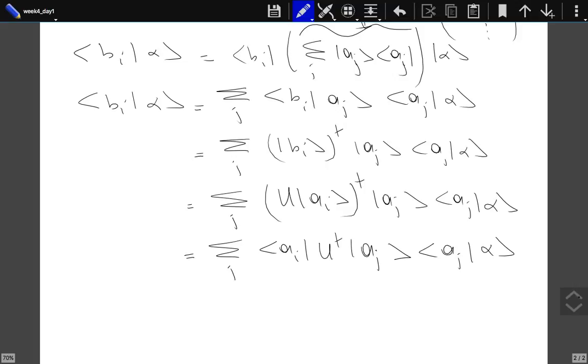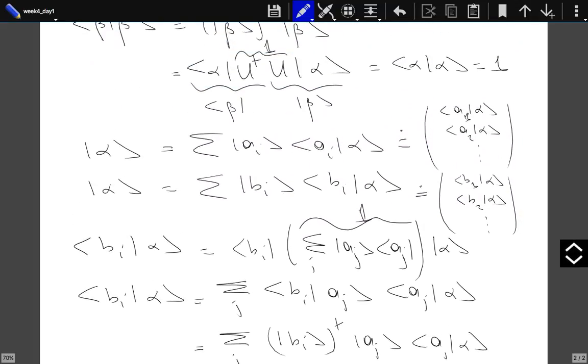And what we did was, okay, so this is the matrix representation of alpha in the BI basis. We are trying to relate it to the matrix representation of the same ket in the AI basis. So on the right-hand side, I want everything to be written in terms of the AI basis.